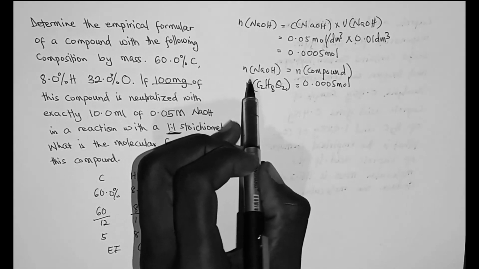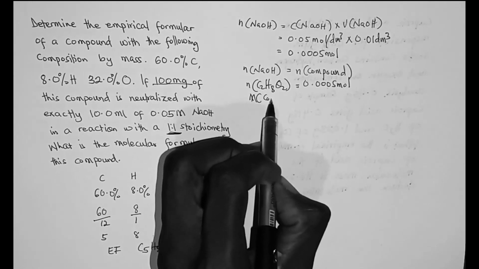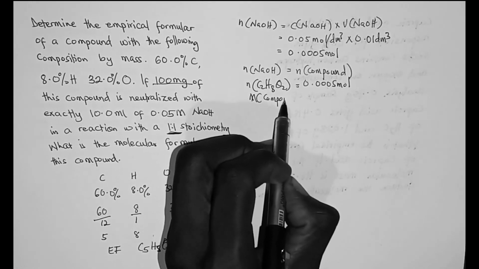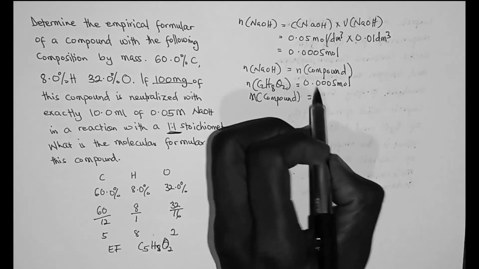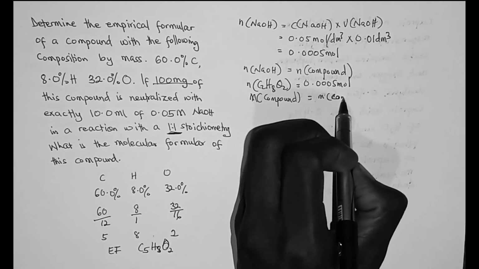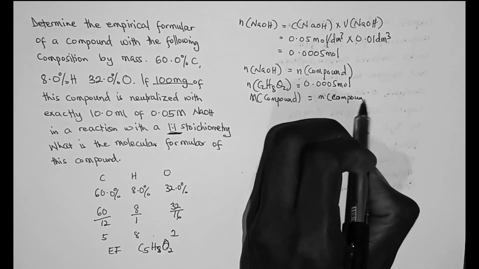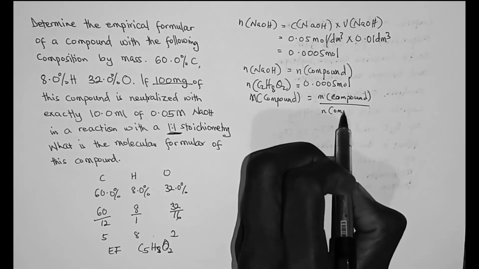So the molar mass of the compound is equal to the mass of the compound divided by the number of moles of the compound.